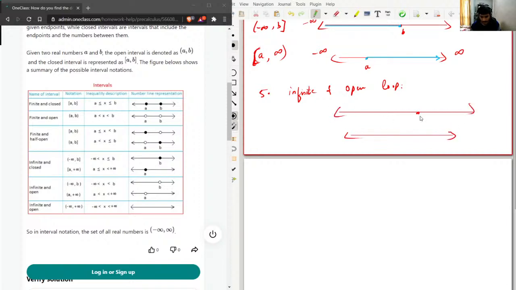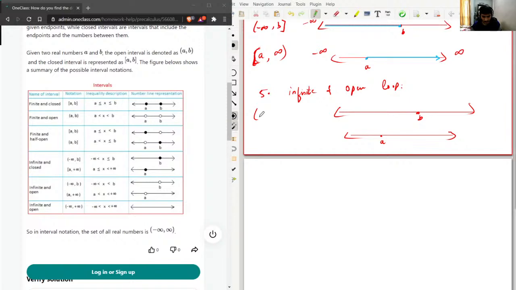First one will go with B, second one will go with A. Now, in the previous case, I already told you that we will not write a square bracket with infinity. So in the case of the closed one, we operated the square bracket at finite terms. Here we'll again operate the open or curly bracket with finite terms also.